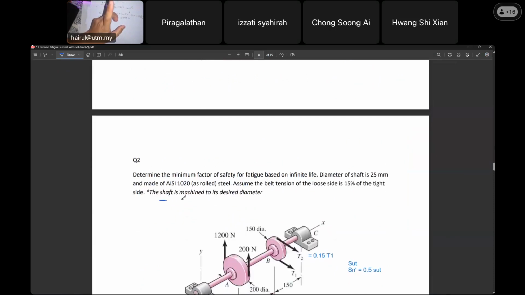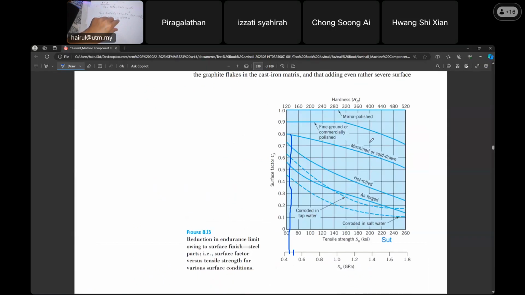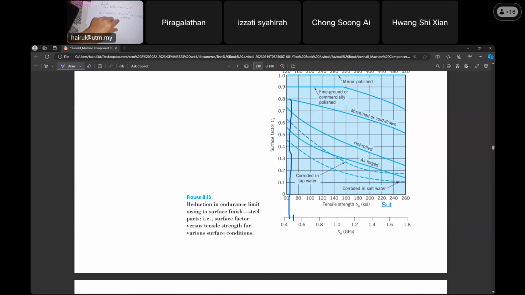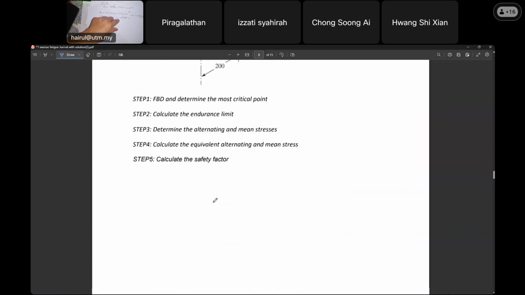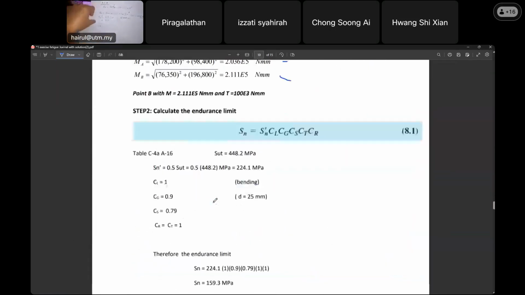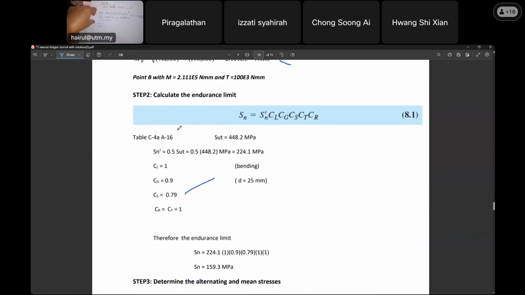The shaft is machined. It intersects with the machine line at 0.79. So the answer is 0.79, and if you look at the solution, it must be 0.79. Your Cs is 0.79. So the gradient factor is 0.9 and the surface factor Cs is 0.79.